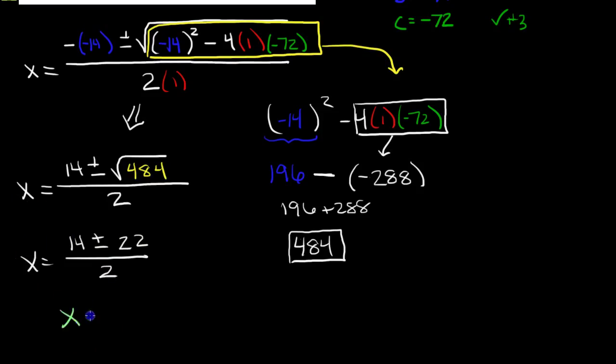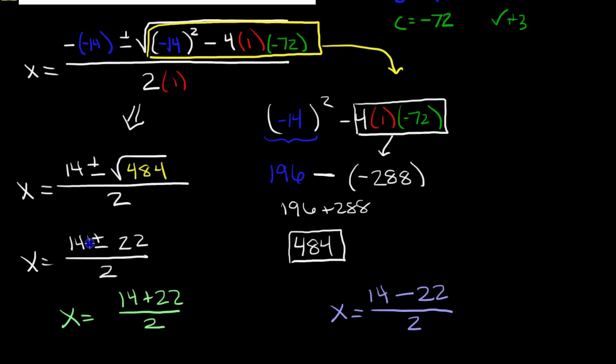So x is 14 plus 22 over 2. Or the other scenario is this. I'll put it in purple. X is 14 minus 22, all of that over 2. That's where the plus or minus comes into play. You just make it 14 plus 22 over 2, or 14 minus 22 over 2.